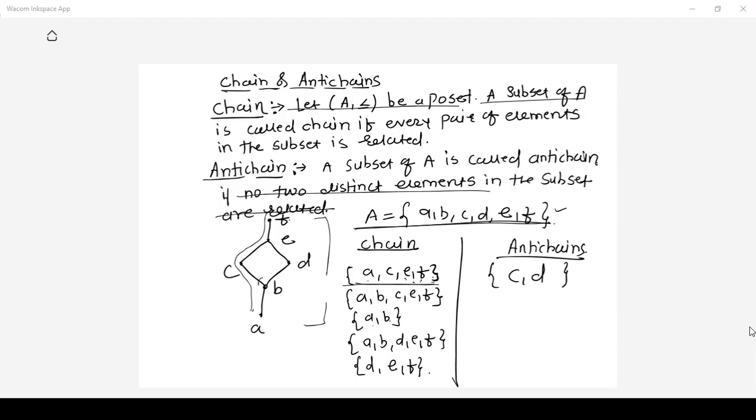Yes, because if you look at the Hasse diagram, C is not related to D. So I can take the antichain as C comma D. From this Hasse diagram, this is only one antichain possible, but it may be possible that you can get more than one antichain.